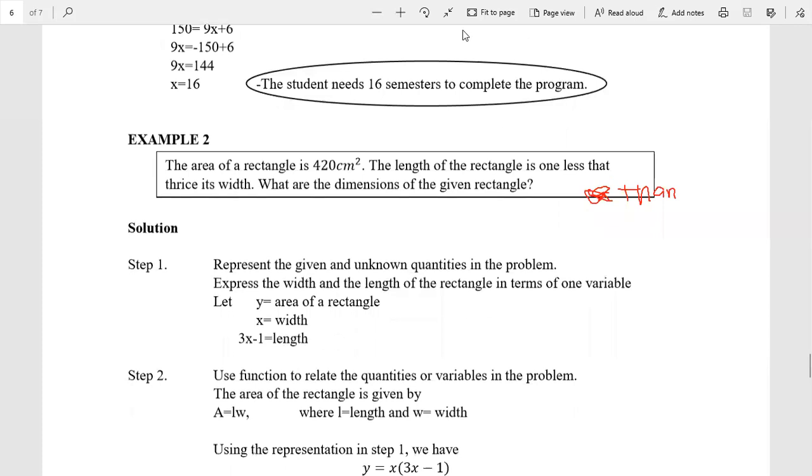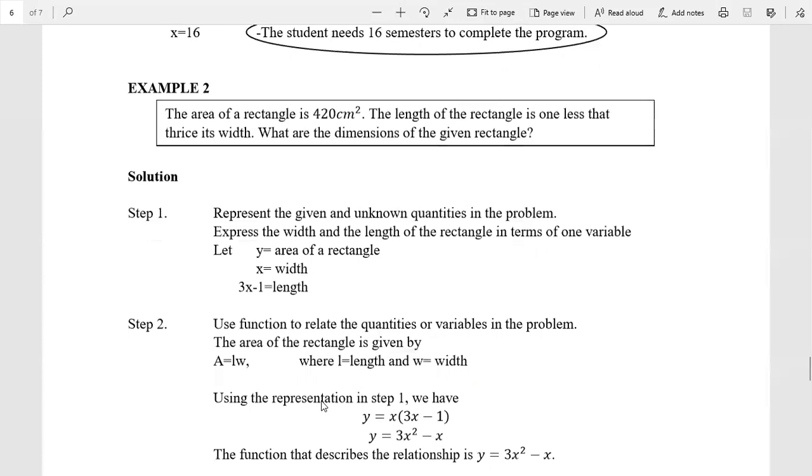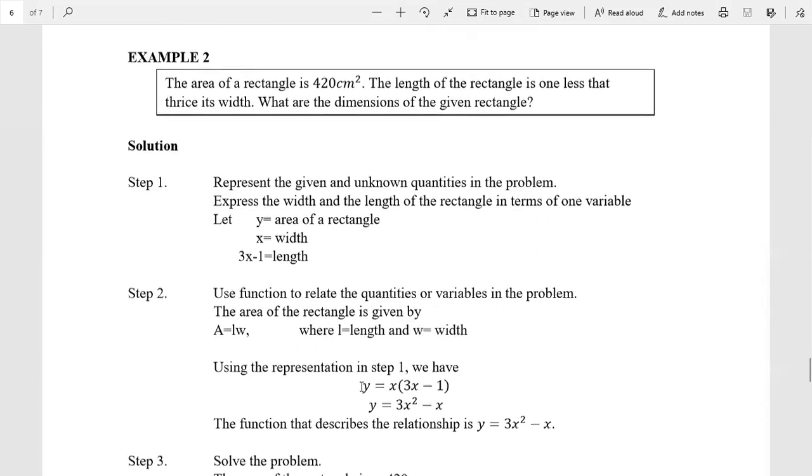So use function to relate the quantities or variables in the problem. The area of the rectangle is given by y is equal to length times width, wherein L is length and W is width. Using the representation in step 1, we have here y is equal to x times 3x minus 1.